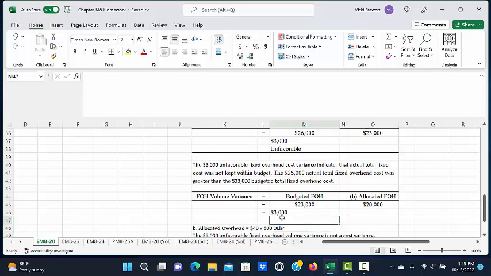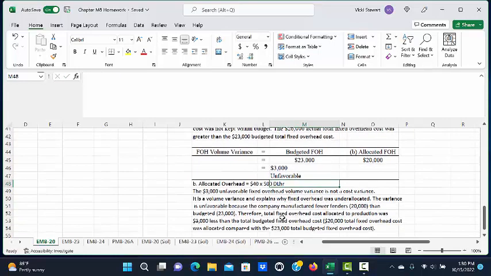So that 3,000 was also an unfavorable volume variance. And so we only ended up producing 20,000 fenders instead of 23,000. So that is what caused the $3,000 volume variance.